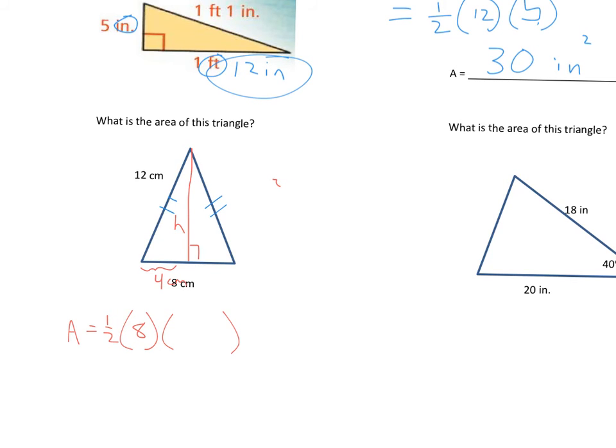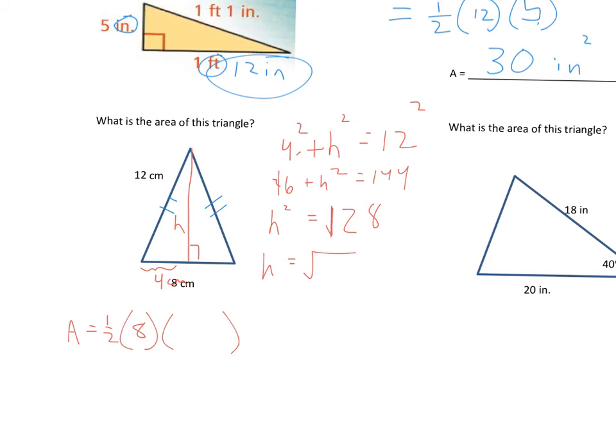here. And so I get 4 centimeters squared plus h squared equals 12 squared, or 16 plus h squared equals 144. 144 minus 16 is 128, so h squared equals 128.